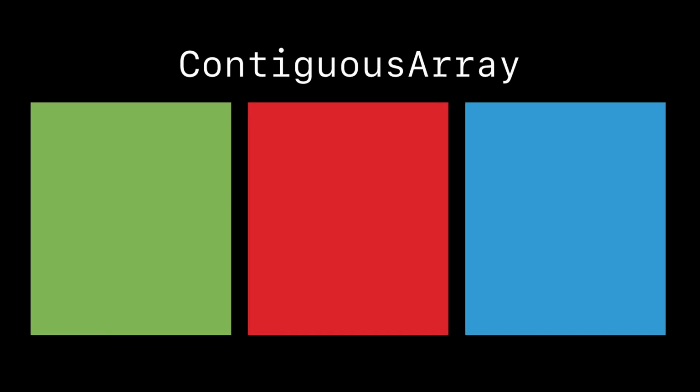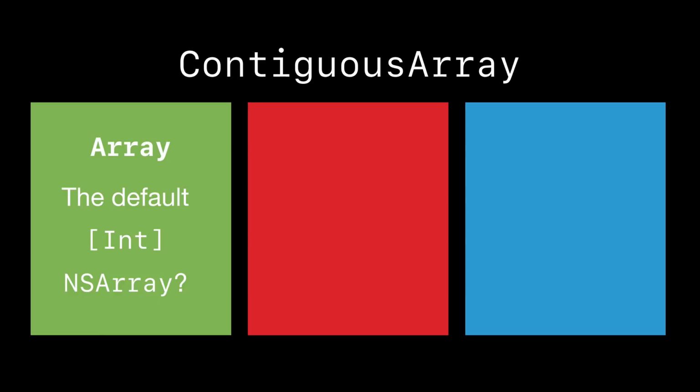Now Swift actually has three types of arrays, and they're all useful in their own way. The first is array. This is the default thing you get when you say, Int in square brackets. And it's really useful because it's optimized for efficient conversion between Swift array type and NSArray, between Cocoa and non-Cocoa types, which is really good.